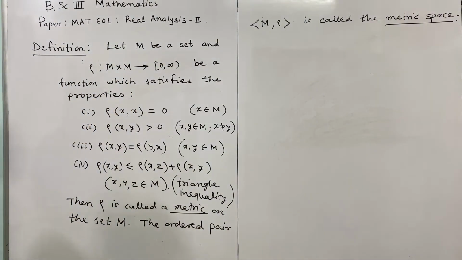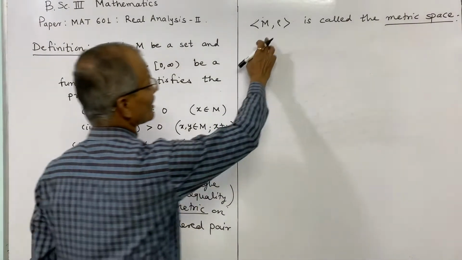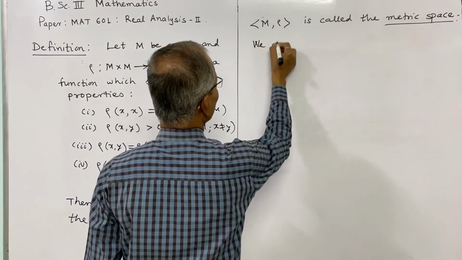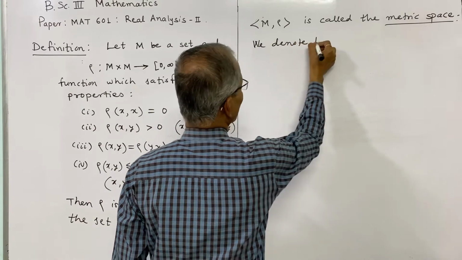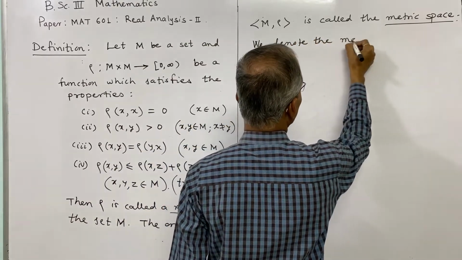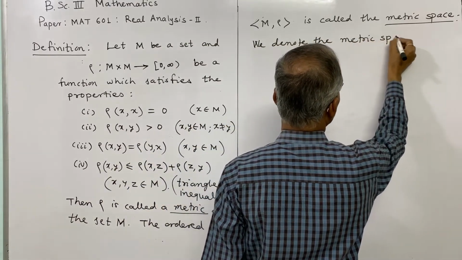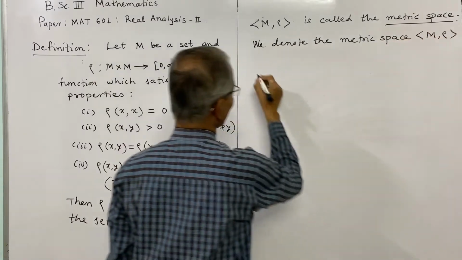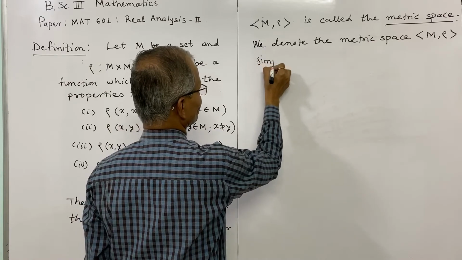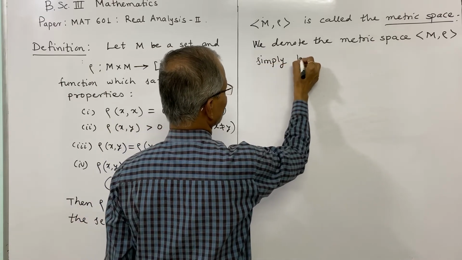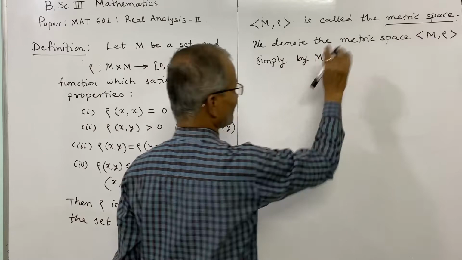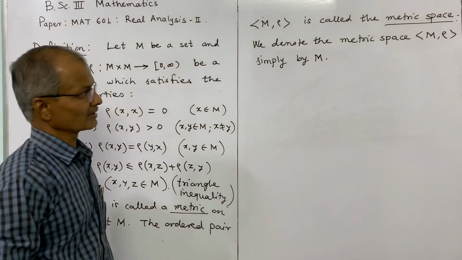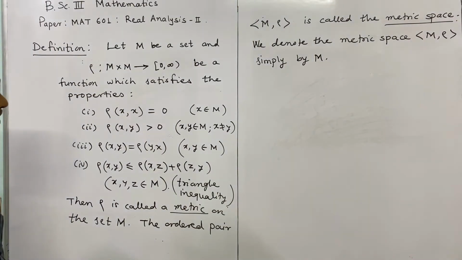Hereafter we shall denote the metric space M, rho simply by M. Rho is always assumed there. The metric must be there always, and it is denoted by M.